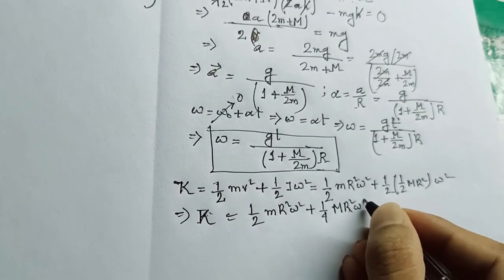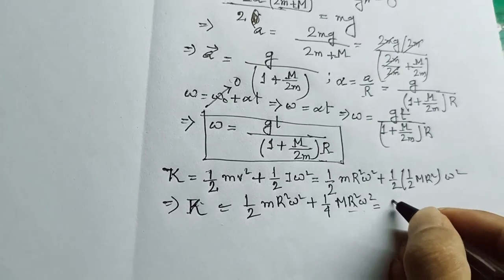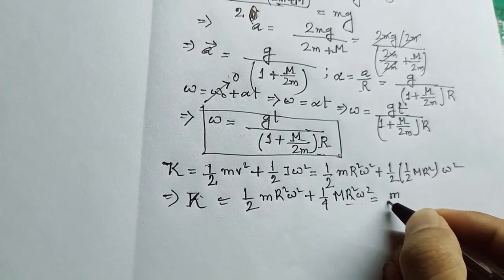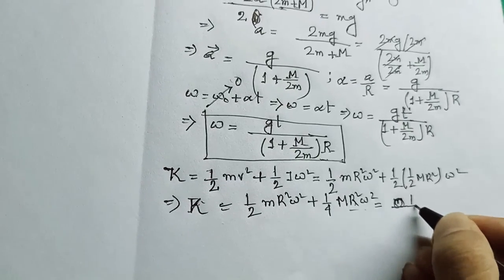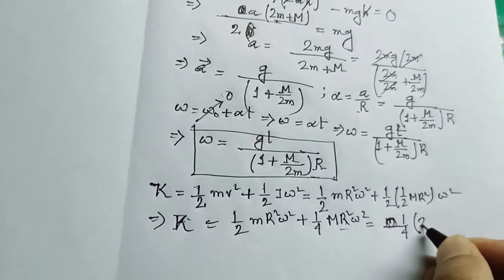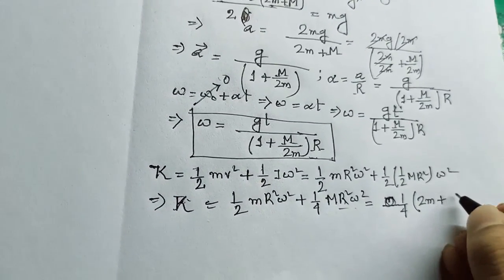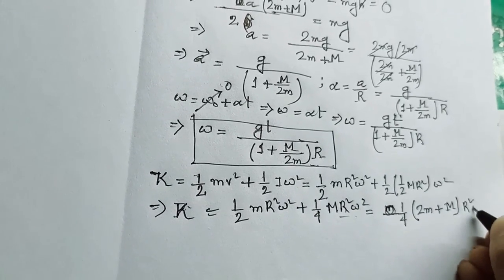From this equation we can take r square omega square as common, and if we take 1 by 4 as common, then our equation will become 2 small m plus capital M into r square omega square.